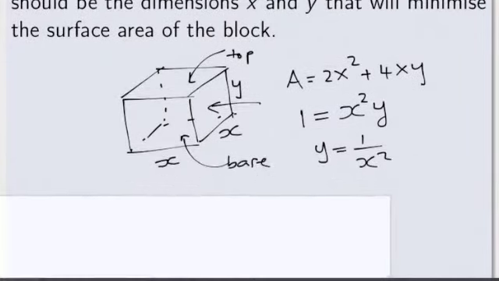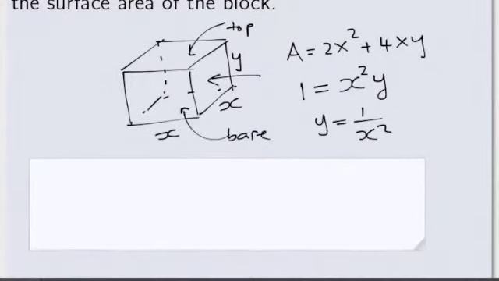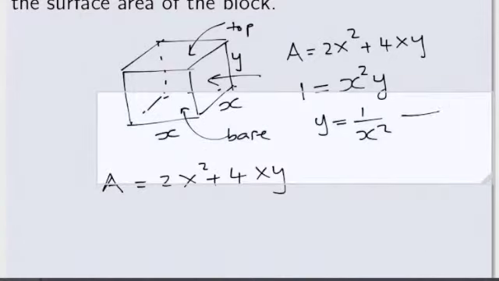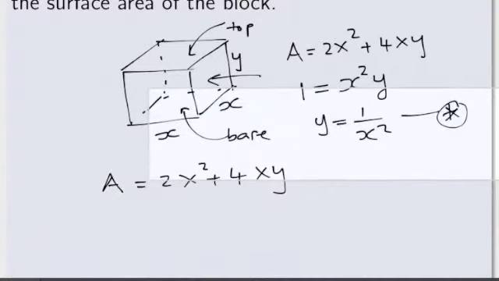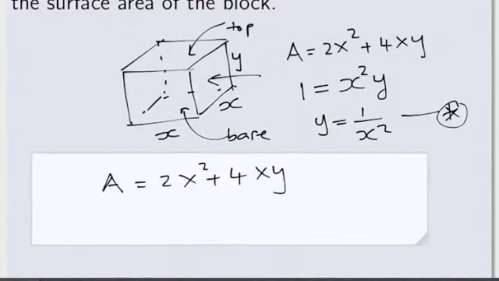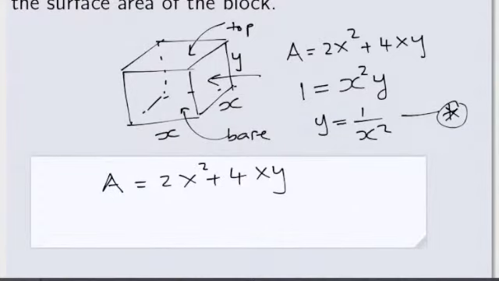What we are interested in is to minimize the surface area, where A is 2x squared plus 4xy. The expression for A has 2 variables, but we have this additional equation, so we can substitute for y in the expression for A to get A in terms of 1 variable only.